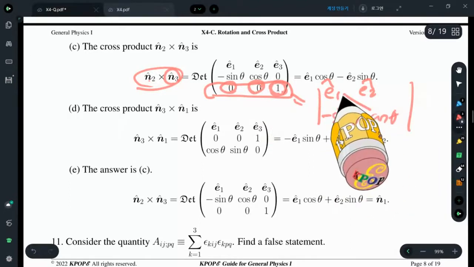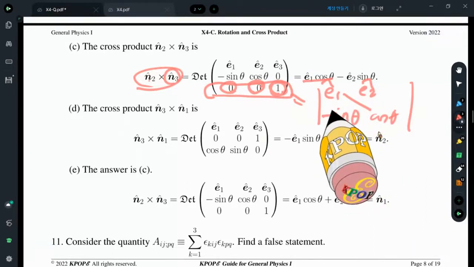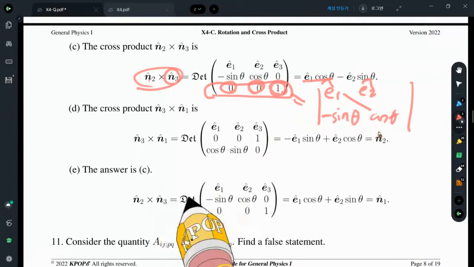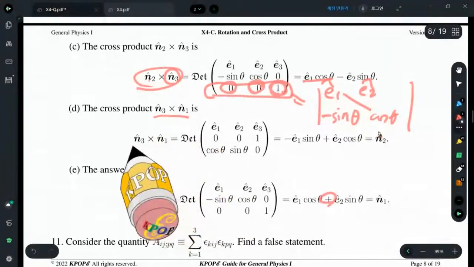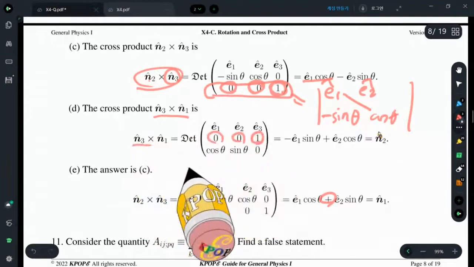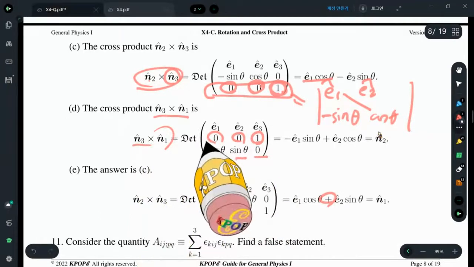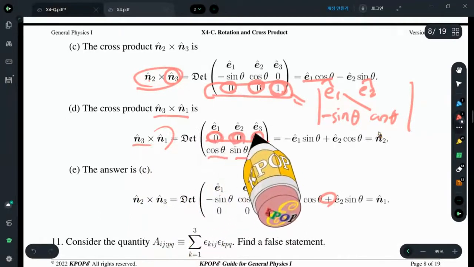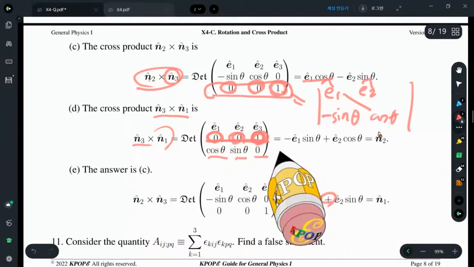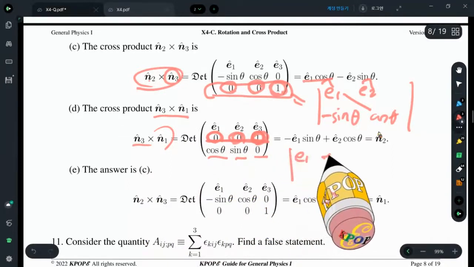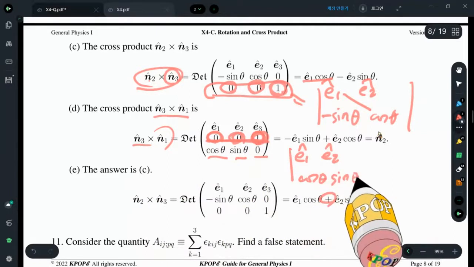And its determinant is the E1 cosine, and minus minus plus, this should be plus, right? n3, n1. n3 is 0, 0, 1, n1 is cosine, sine, 0. Again, 0, 0, 1. So I can choose this one only, and if this one collapses, E1, E2 hat, cosine theta, sine theta.